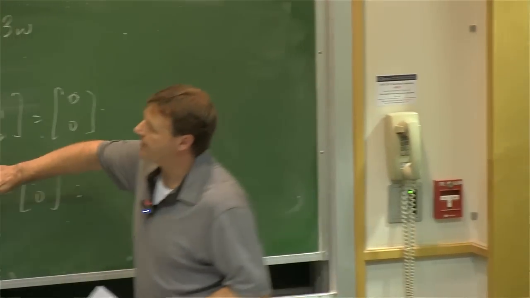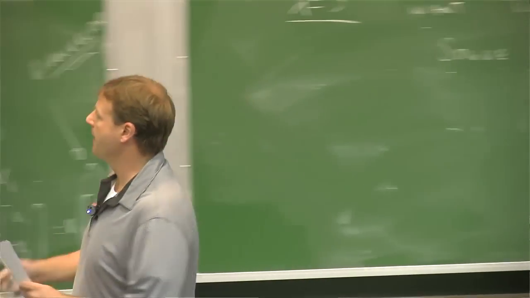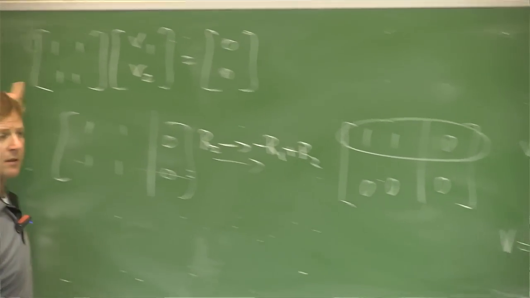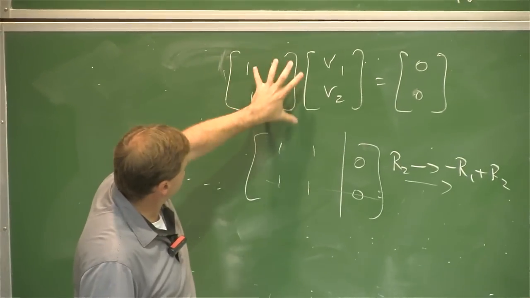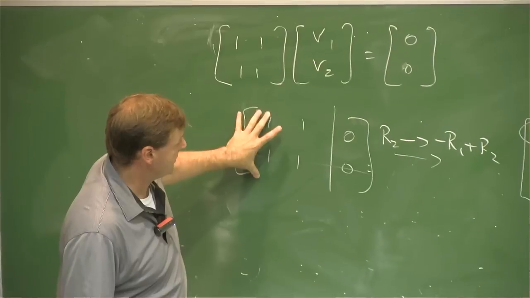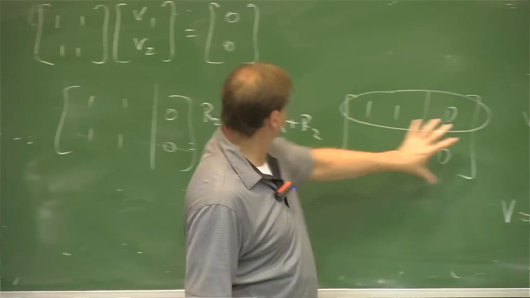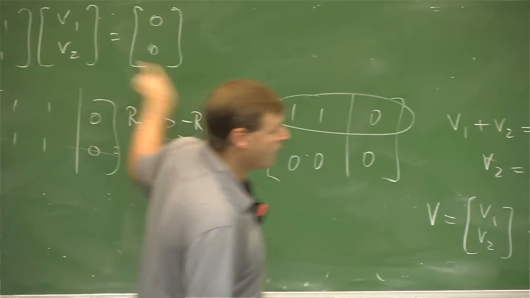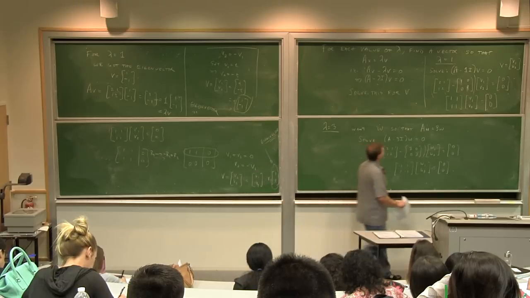Okay, so right now we're at the same stage. Where were we here? We're right at this stage right here. So here what we did was we took this and put it in an augmented matrix. Then I used the augmented matrix to find out what the V1 and the V2 are. I'm going to do the same here.